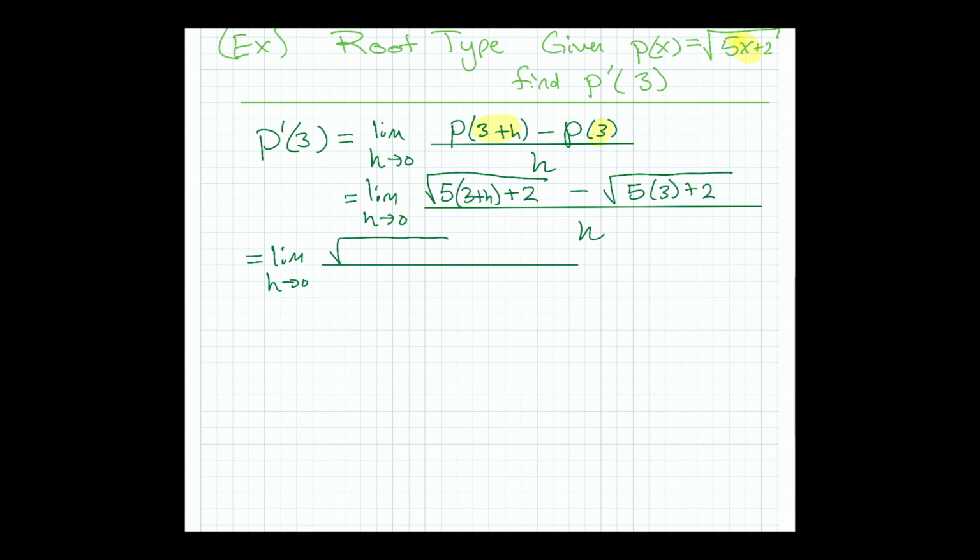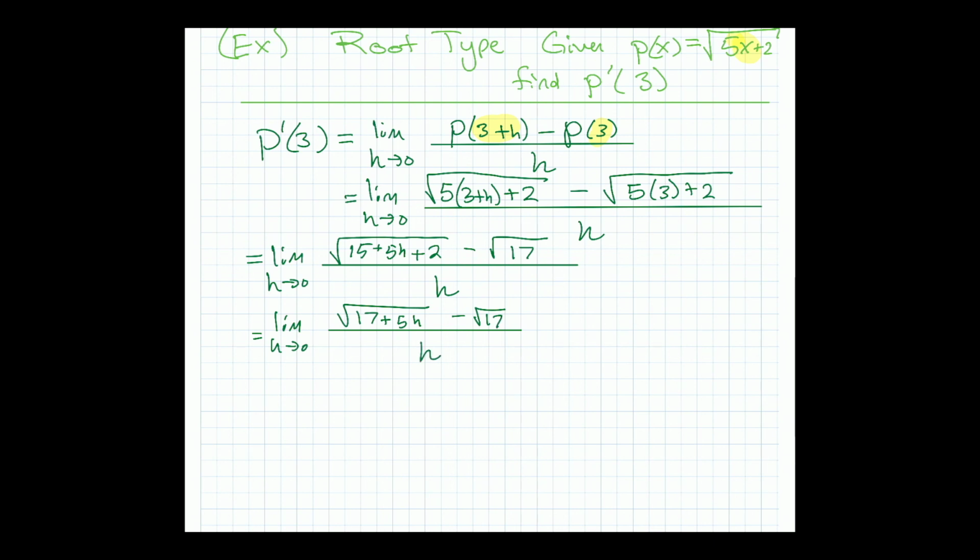If you multiply out the stuff under the first radical, you get 15 plus 5h plus 2. And if you work out the second one, you get 15 plus 2, which is 17. Like that. So let me do the small amount of simplifying that there is. All right, so that's where we are.